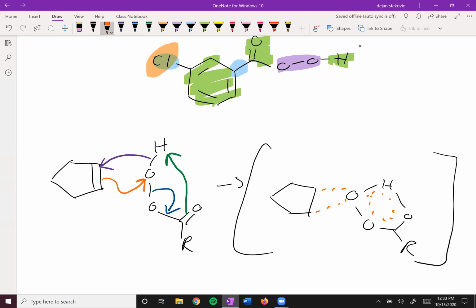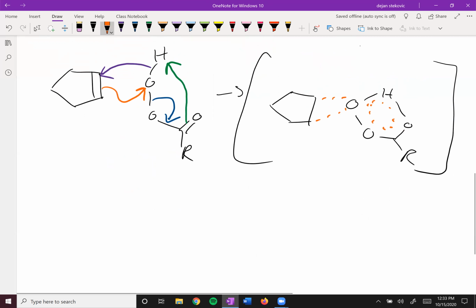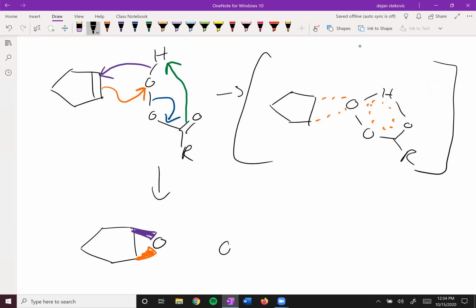So I've color coded it so you can see what kind of bonds we're going to form and break. Let's take a look at this, because it is quite confusing at first. We can see that our purple bond results in a carbon-oxygen bond, as does our orange arrow, right? So those are those two bonds right there. And then we actually break off from this molecule.